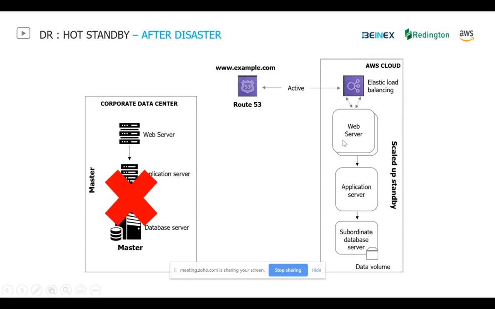In this case, we are not manually turning on the web and application server. It's completely orchestrated. And the moment AWS Route 53 detects that the primary data center is down, the traffic will be sent to an elastic load balancer on AWS, and it percolates down to the other tiers as well.